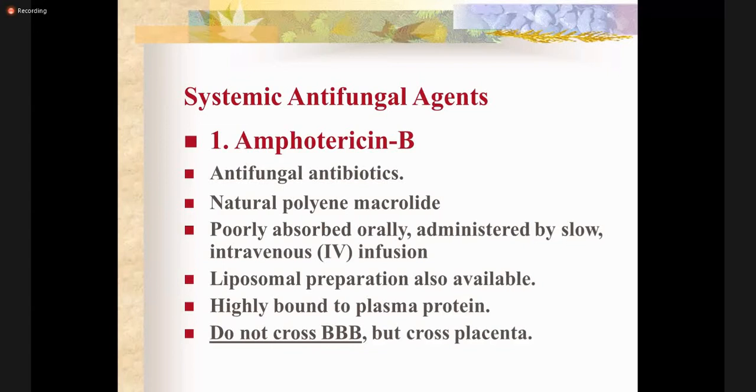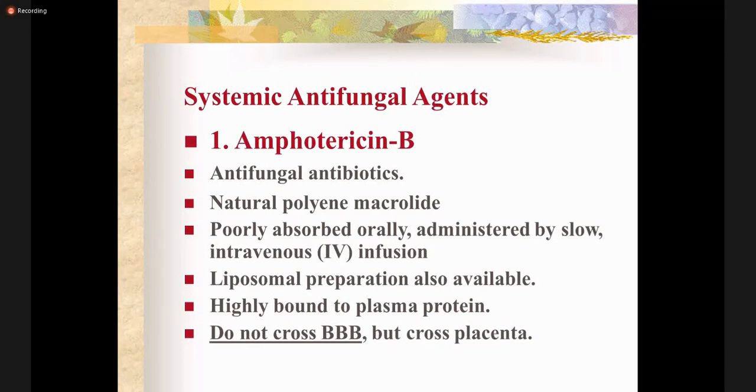Its pharmacokinetics is that it's poorly absorbed orally. So usually we give it by slow IV infusion. Again, Amphotericin-B is a drug of choice for systemic infection. So in severe or systemic infection, we give this drug. Absorption has some problem, so this is usually given with IV infusion.